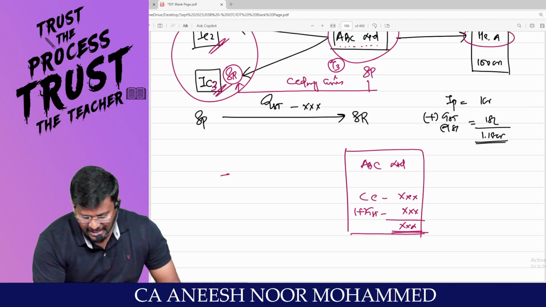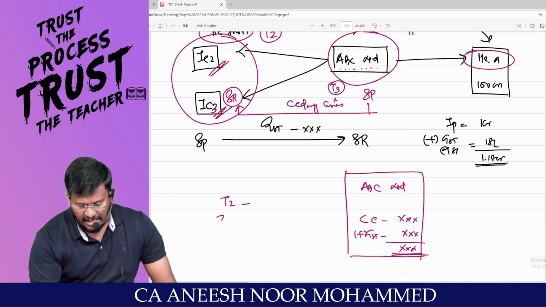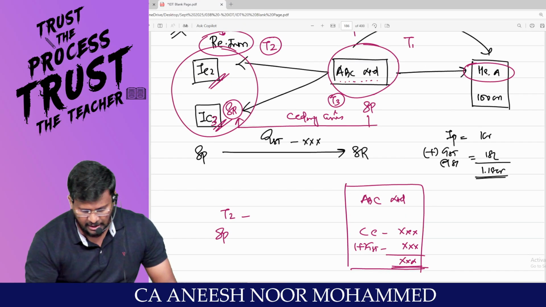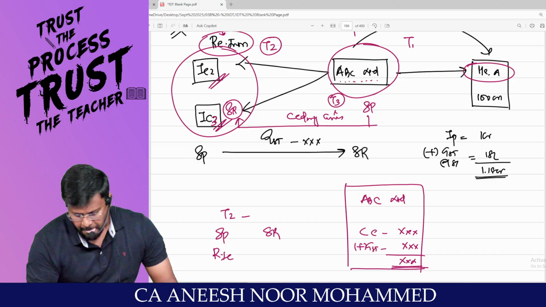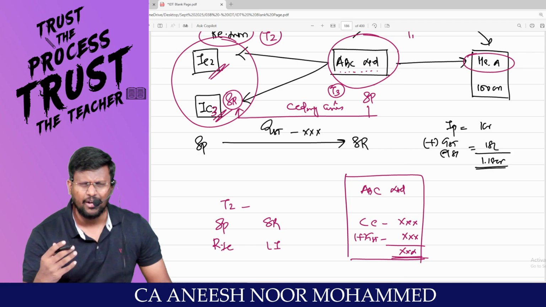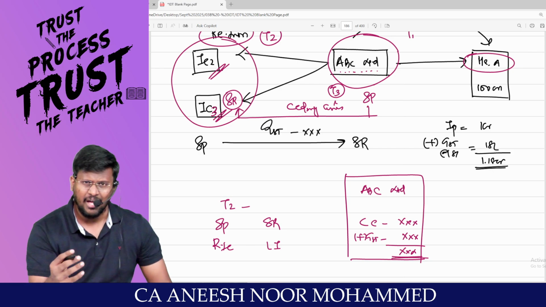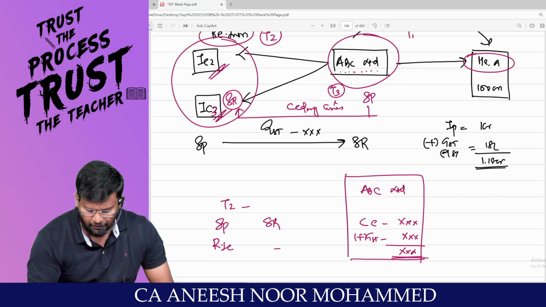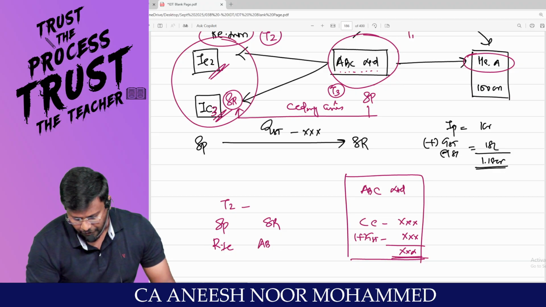For transaction number 2, the service provider is the reinsurance company and the service recipient is the lead insurer, right, sir? Here I cannot call it the lead insurer. I can call it ABC Limited itself. So I'm calling it ABC itself. Accepting?